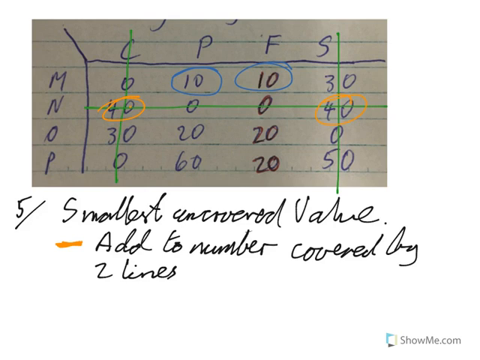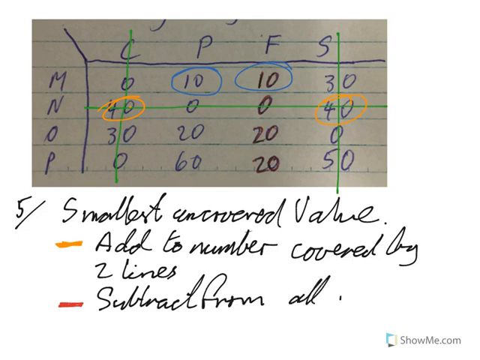We're going to add to that. And the other thing we want to do, it's red for that, is we subtract from all uncovered. Alright, so we're going to add 10 here, add 10 there, and all uncovered we're going to take 10.